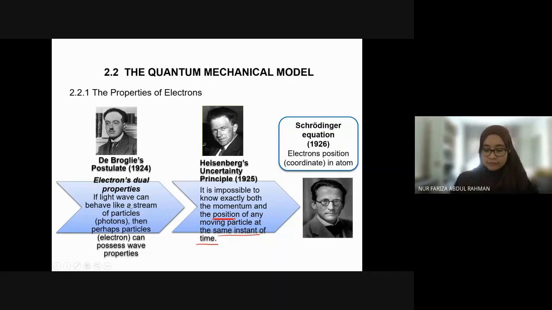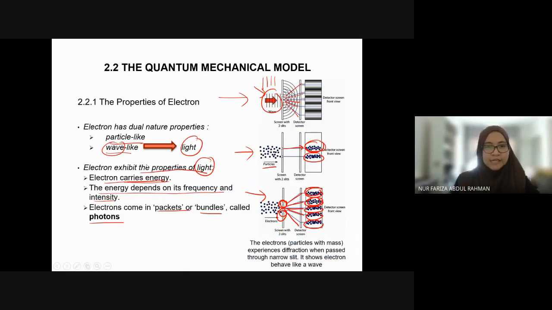You have to know the difference between the statement that explains the hypothesis and the hypothesis itself. Is it the explanation of the theory or the hypothesis itself? By right, this is the hypothesis of de Broglie.